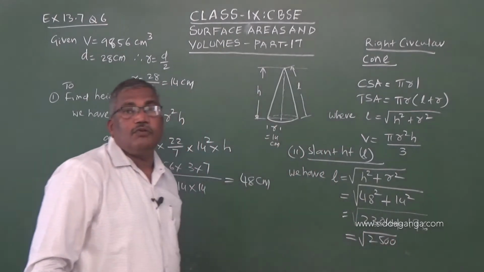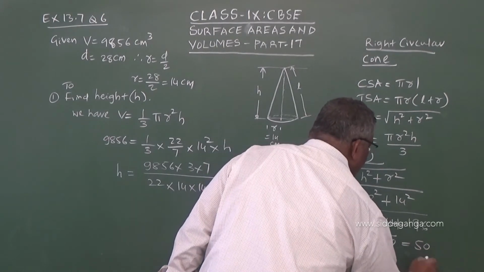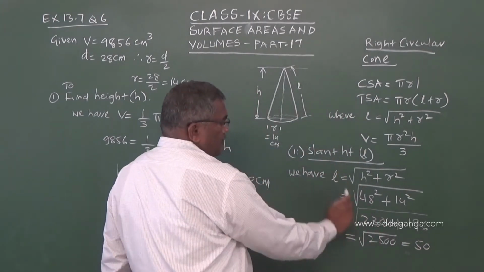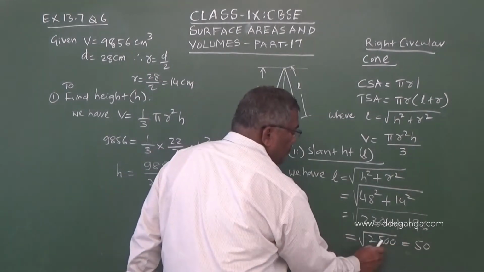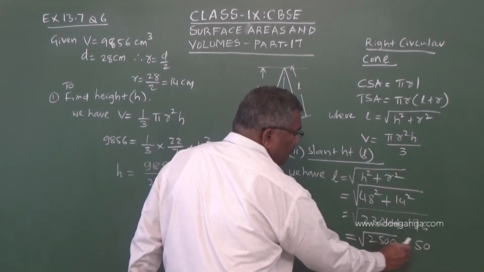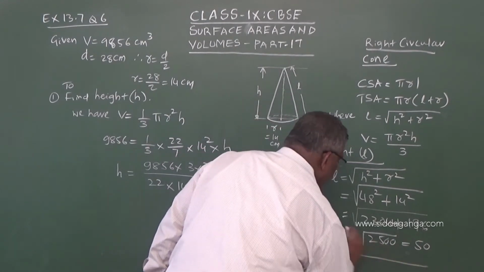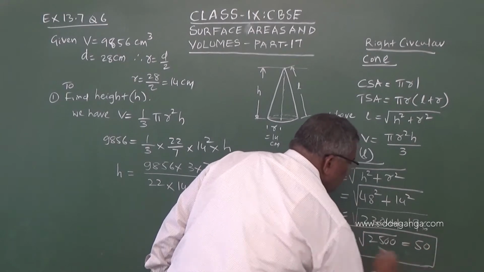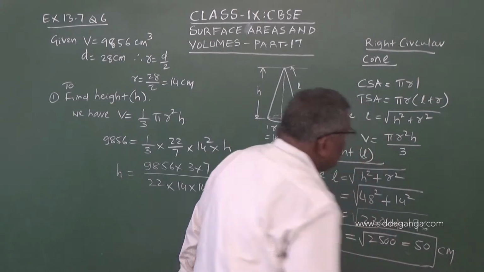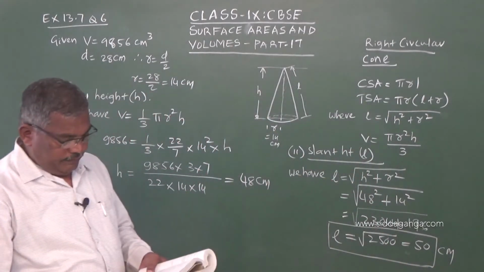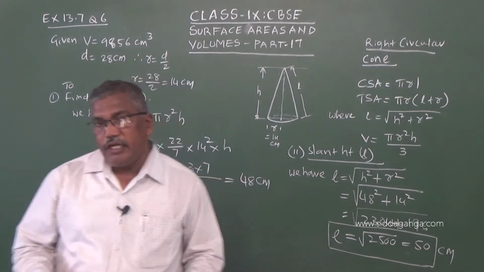Square root of 2500 is 50, because 50 into 50 is 2500. Therefore L is equal to 50. This is the answer for the second sub question, 50 centimeters. Now third one, curved surface area of the cone. So that we have to calculate.